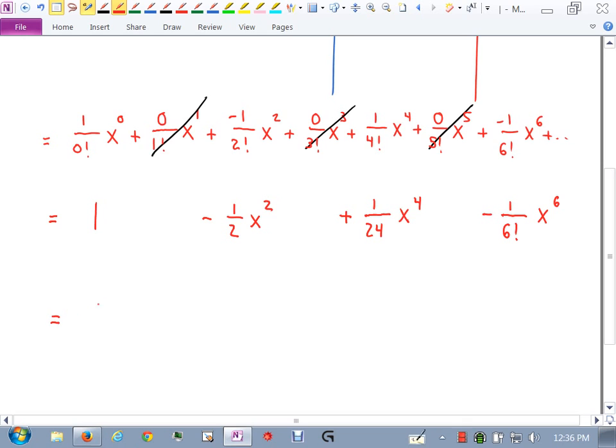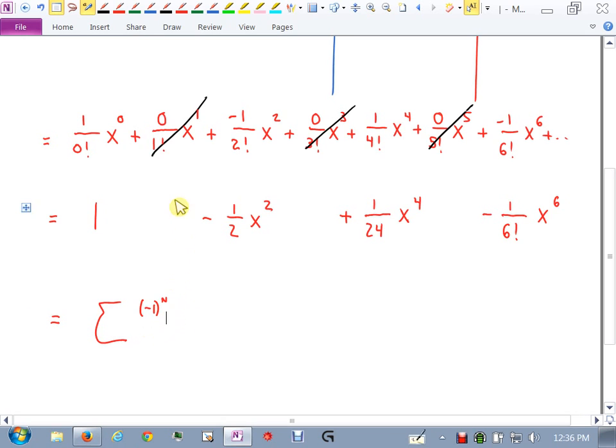I would like this written as a sum. So tell me about this here. What's happening to our series? It is alternating, right? It is starting with the positive. How can I make that happen? Negative 1 to the, and I'm going to start at n is 0, so we'll just make it negative 1 to the n.